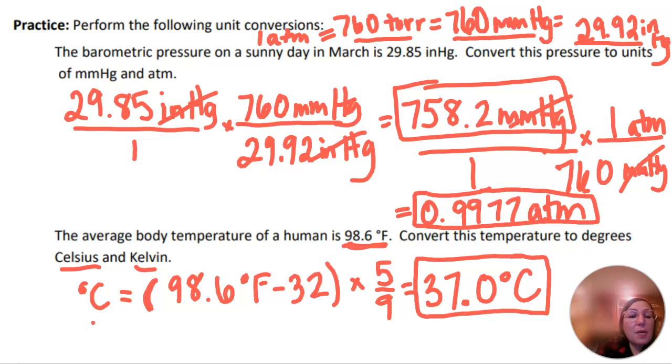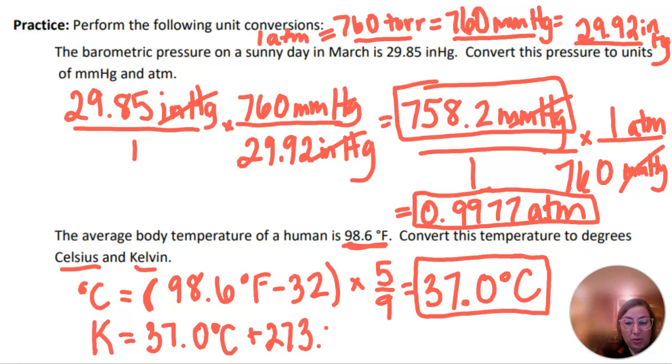Okay, and how about converting to Kelvin? All we do is take our answer in Celsius and add 273, or 273.15 if you're feeling pretty precise. And when you do that, you should get 310.2 Kelvin.